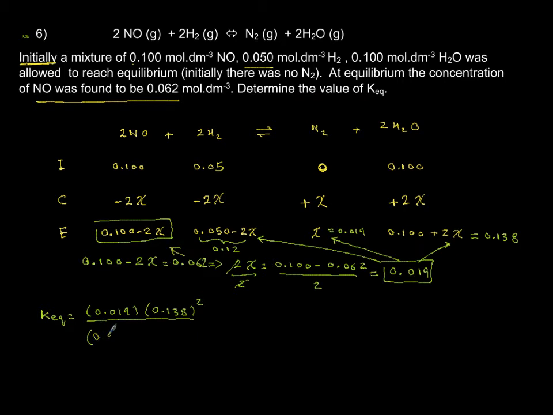This is 0.062 for nitrogen monoxide squared, multiplied by the concentration of hydrogen, which we decided is 0.012 squared. When you do all that, you will get 6.54.